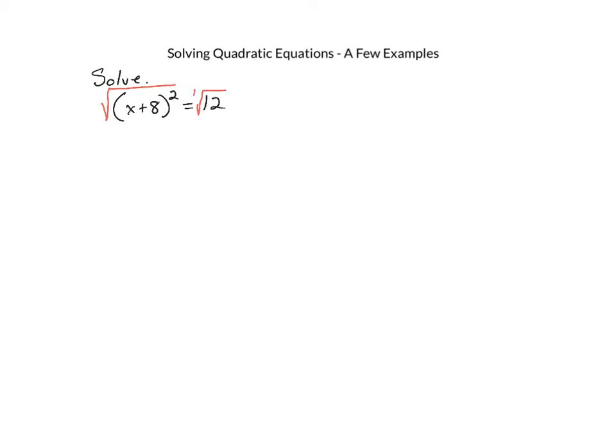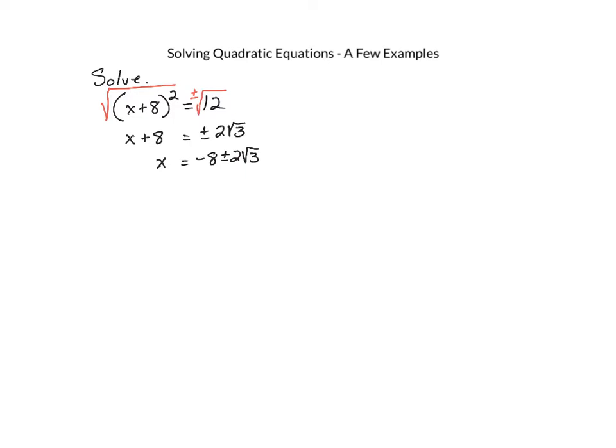I'm going to put my plus or minus in. Don't forget that when you take the square root of both sides. So I have x plus 8 on the left, and I have plus or minus the square root of 12 on the right. But the square root of 12 we know simplifies into 2 square root of 3. And then we subtract 8. So we would have negative 8 plus or minus 2 square root of 3.